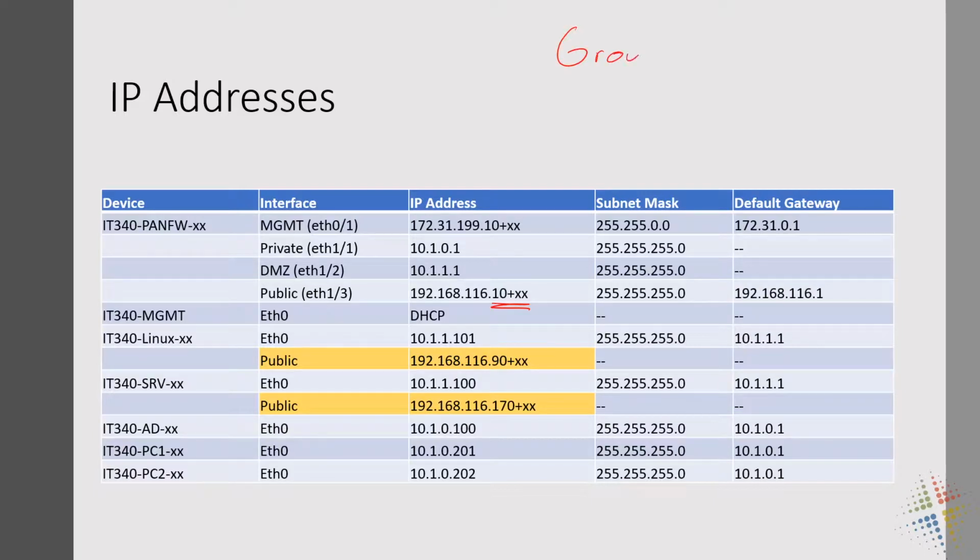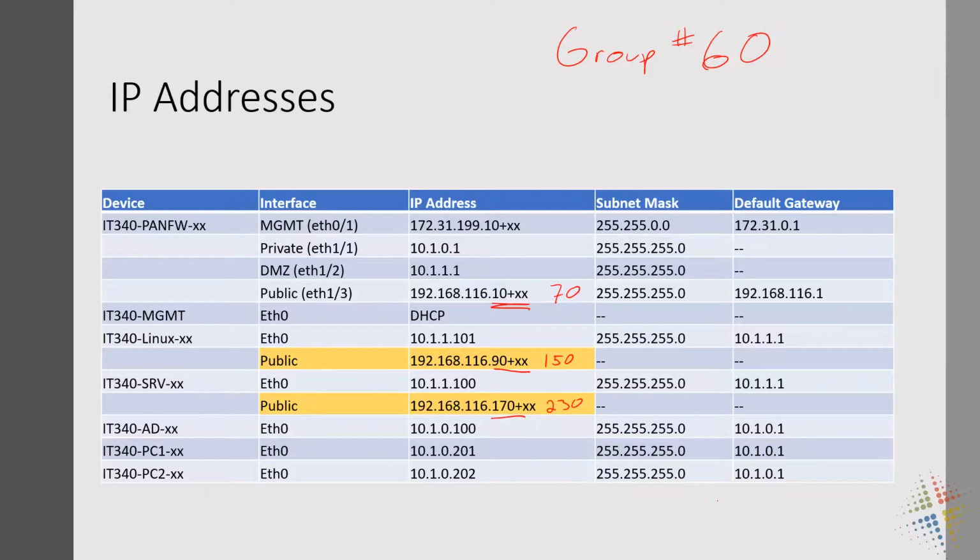I am, for instance, group number 60. As group number 60, my public IP address would be 10 plus 60, which means 70. I'm going to do the same thing for my Linux machine. When I publish it, I want it to be 90 plus 60 or 150. And for my Windows machine, it's going to be 70 plus 50 or 230.